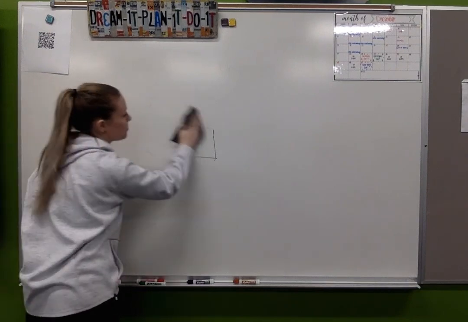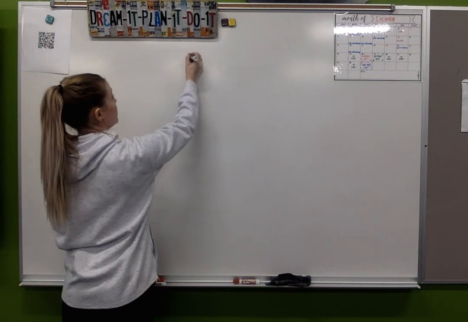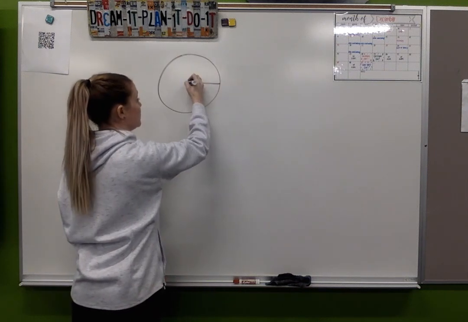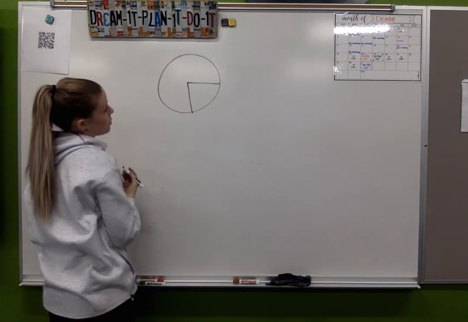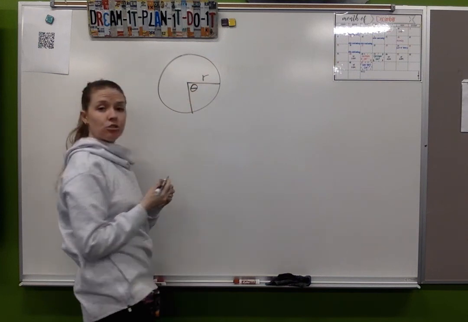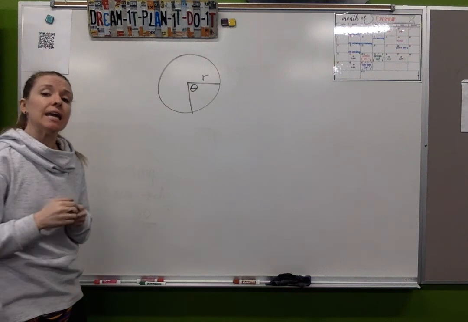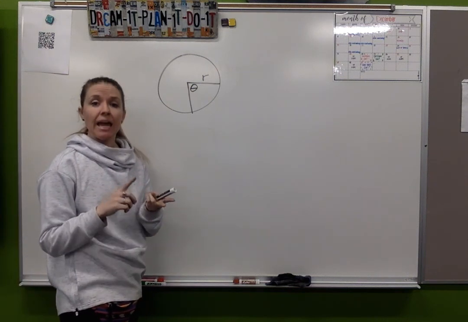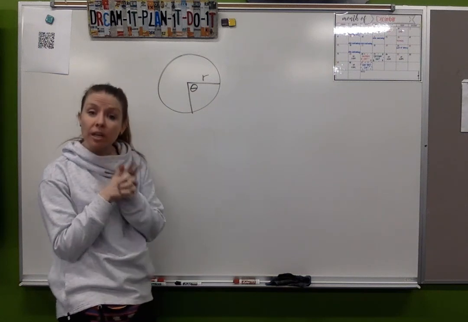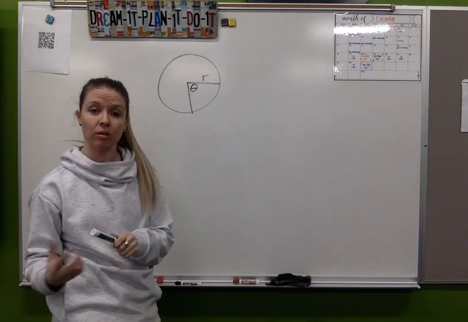Alrighty. So let's look at a circle here. Based off of a circle, we get our radius and we get our central angle here. Arc length and sector area are dependent upon the radius and the central angle. What we're looking for is part of a circle.